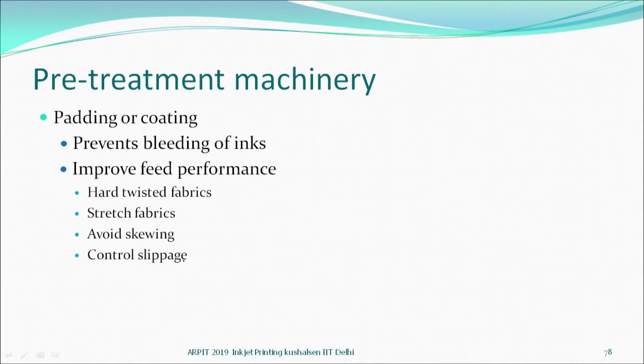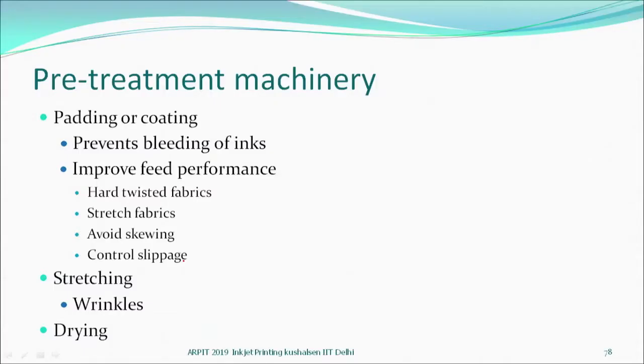Stretch fabrics by themselves, for example, may have to be printed, which has got, let us say, elastomeric material yarn in them. Skewing has to be avoided and slippage has to be controlled. All that, therefore, a pre-treatment can do, and a pre-treatment machinery which could be simple padding or coating and drying systems. So, you pad, stretch, so the wrinkles are not there, and then of course, dry. If this happens, then the fabric therefore is ready to be printed.